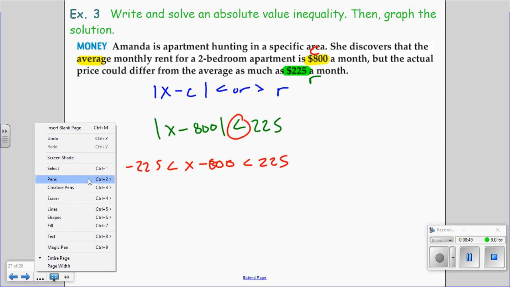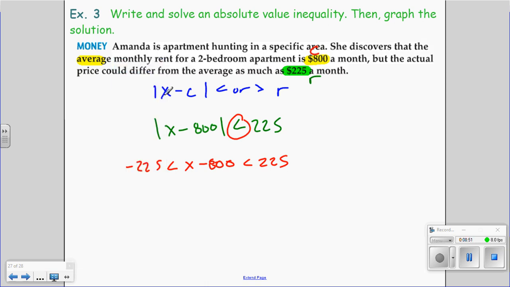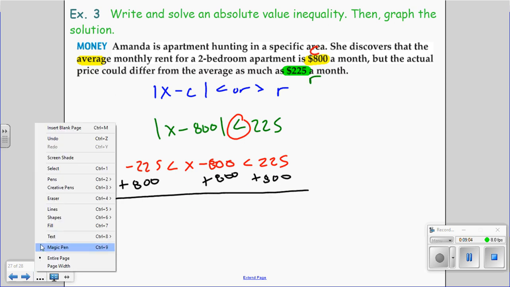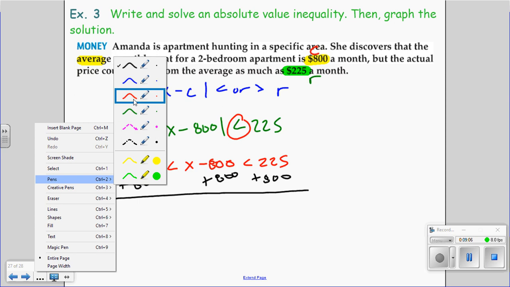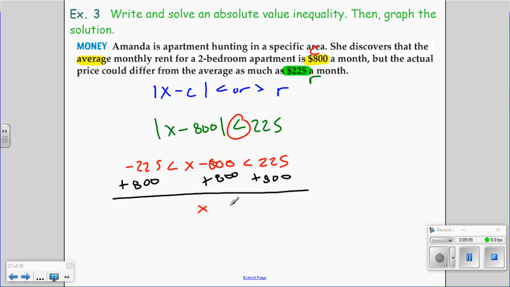And now we get x by itself in the middle by adding 800 to the middle and to each end. So I'm left with x in the middle. On the end, I'm going to have 1025 on the positive end down here. And on this side, it should be 575.